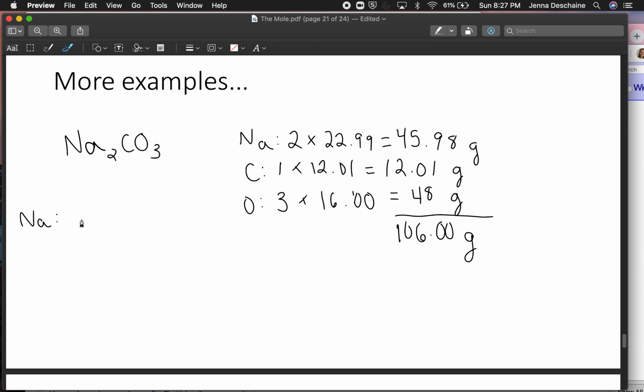I'm going to take the mass of sodium in the compound, which happens to be 45.98 grams, and divide that by the total, which is 106.00 grams.